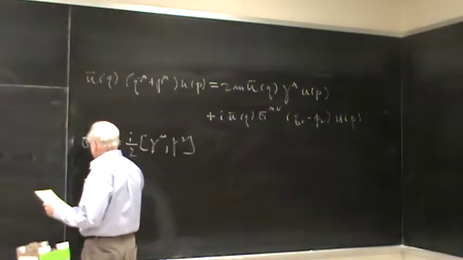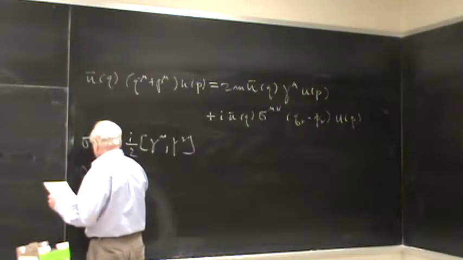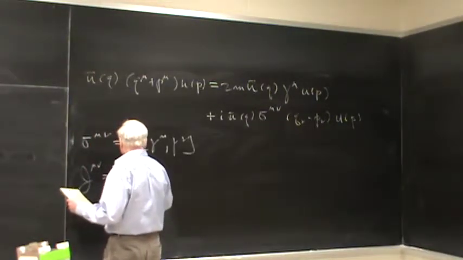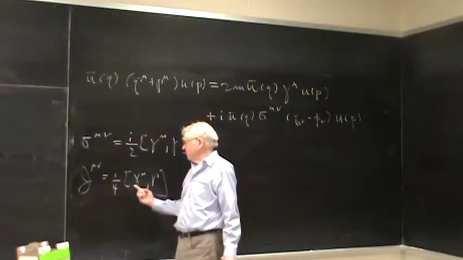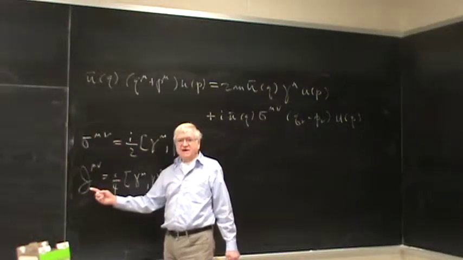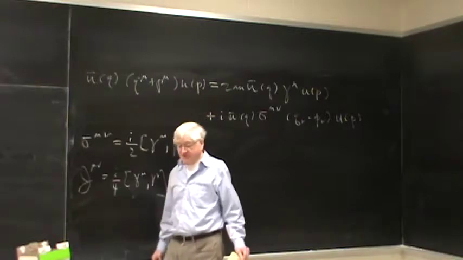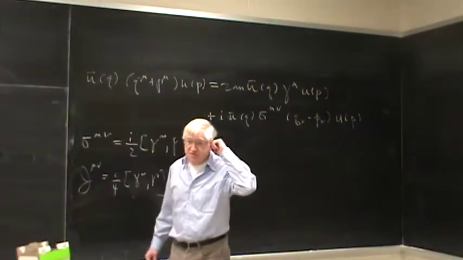So if I correct for the metric, this would be i/4 γ^μ γ^ν. So in Schwarz's language, I'm taking this from Weinberg chapter 5, where he has a remarkable section on Dirac matrices, by the way.